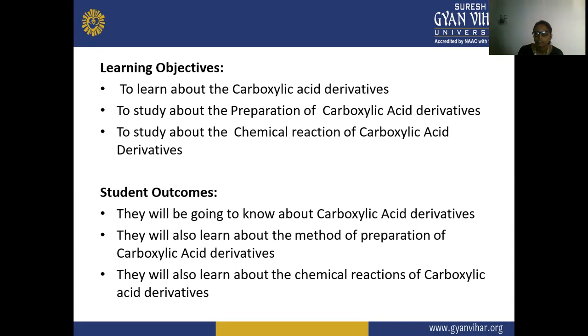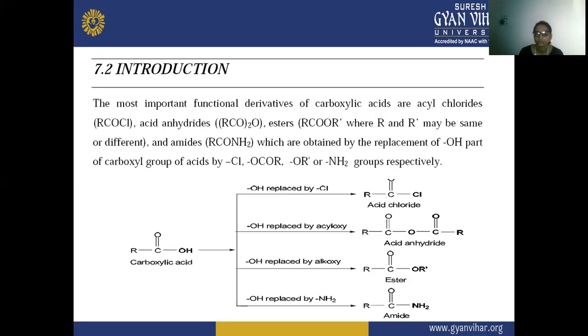In the starting topic, we are going to learn about the introduction. The most important functional derivatives of carboxylic acid are acyl chloride, acid anhydride, esters, and amides, which are obtained by the replacement of the OH part of the acid group by Cl, OCOR, OR', or NH2 group respectively.